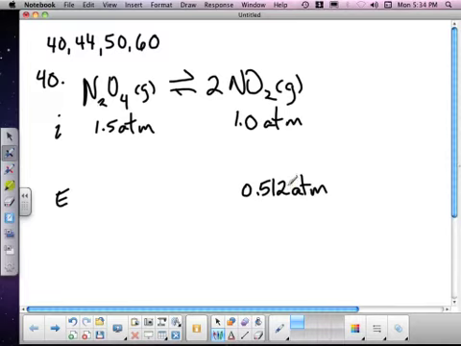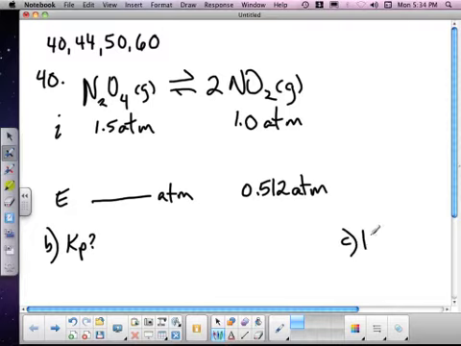And then, as the problem says, A, what is the equilibrium partial pressure of this? Well, we need to have that in order to be able to do B, which is calculate Kp. And then C, we're going to switch that to a Kc. So I'll put that over here, and we'll get a little practice doing that again.